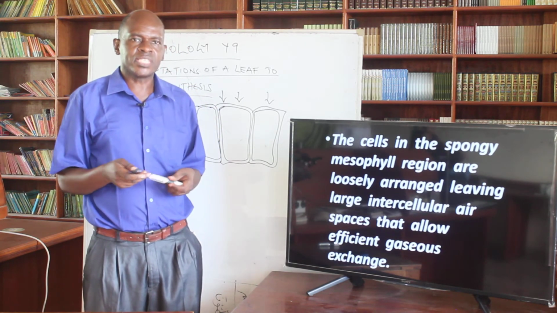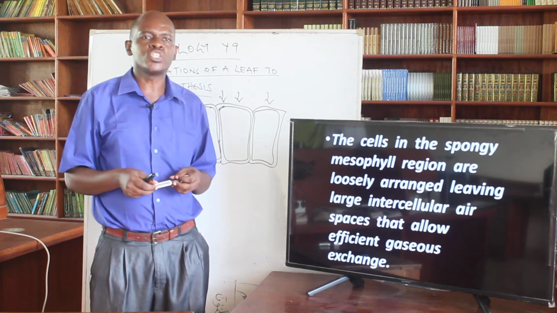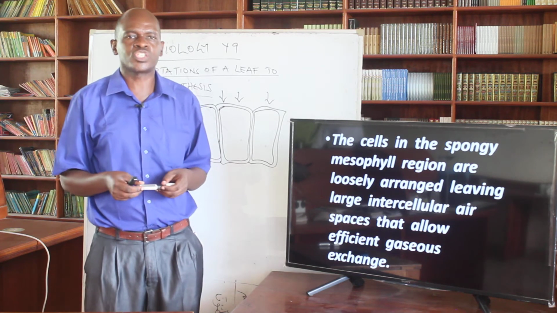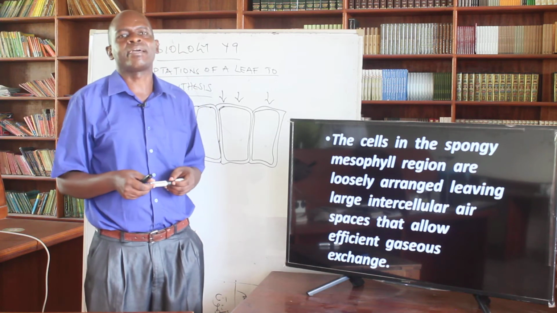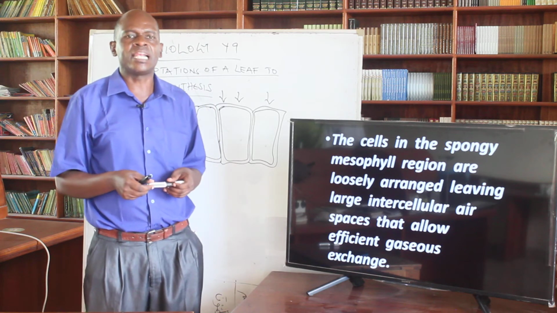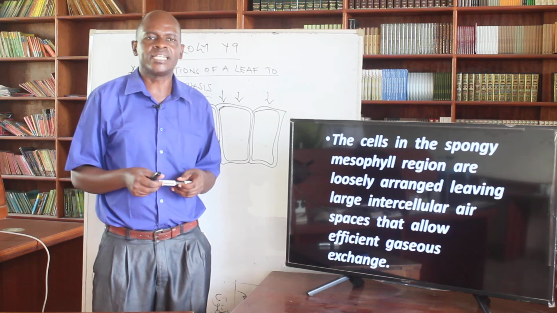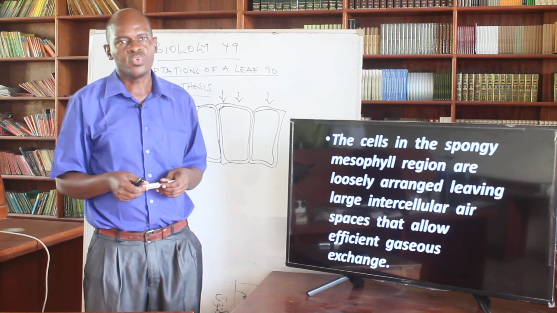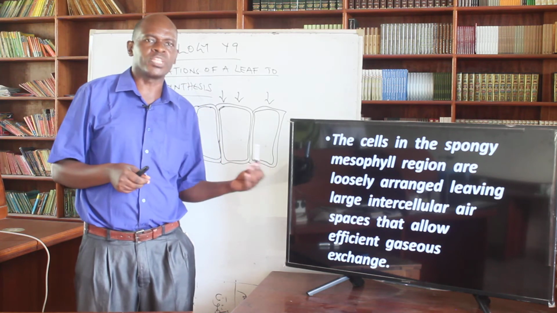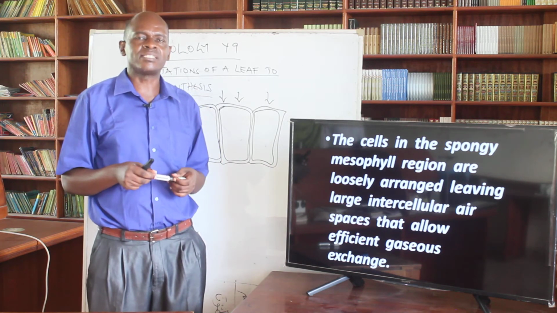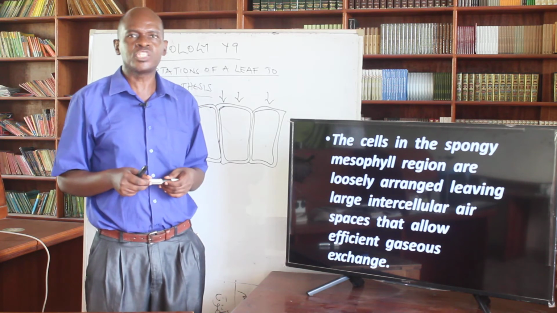Now, the cells in the spongy mesophyll region are loosely arranged, leaving large intercellular air spaces that allow efficient gaseous exchange. We have a region called the spongy mesophyll. I showed you on the diagram. This region has irregularly arranged cells.